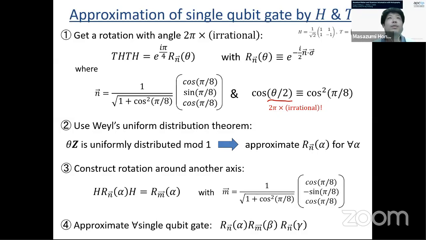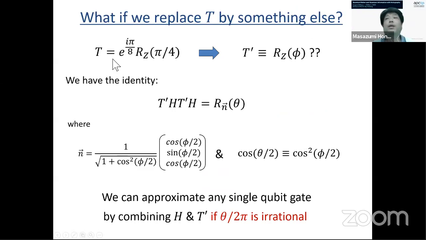And there was some question on how special T is. And indeed, just for having universal sets, T is not so special. So even if we replace T by some other gate, we can approximate any continuous gate, unless phi is very special.